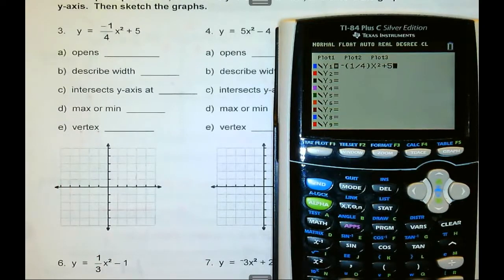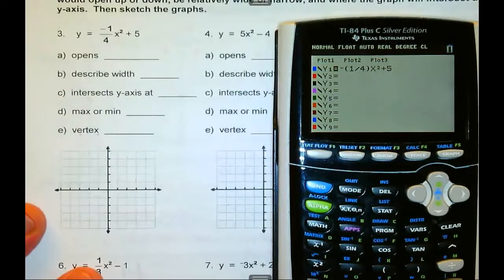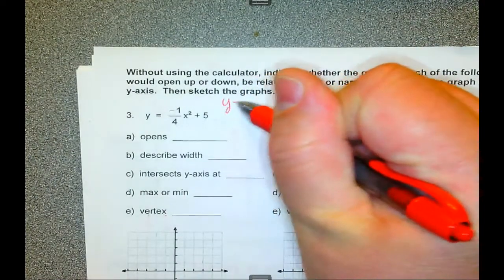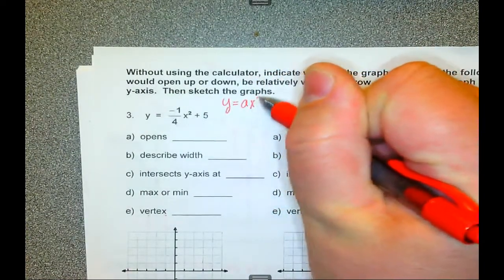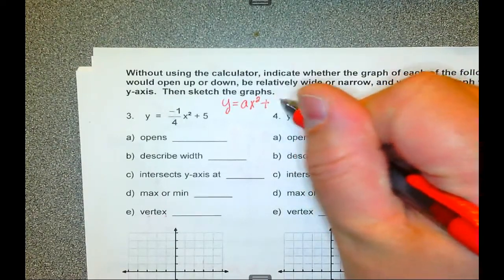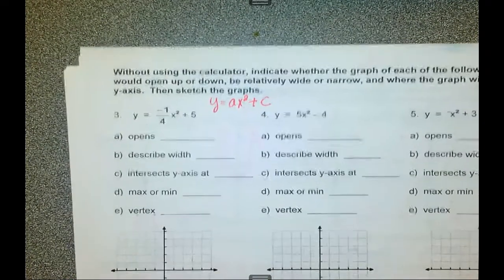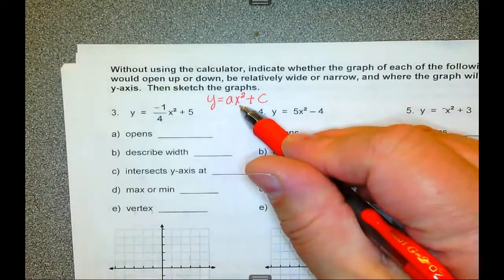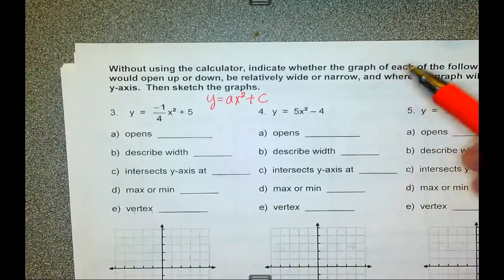If you're literal, parabola. And we learned, remember our parent function? y equals ax squared. And then at the end of the lesson, we learned about plus c. Okay? So a is actually what we call our slope.